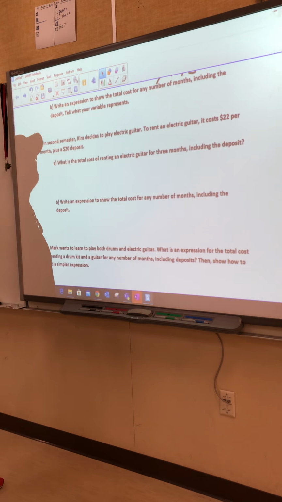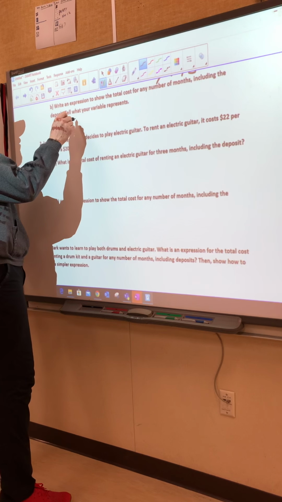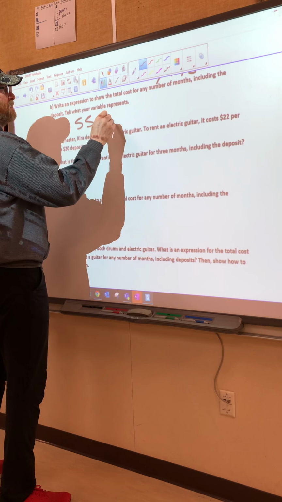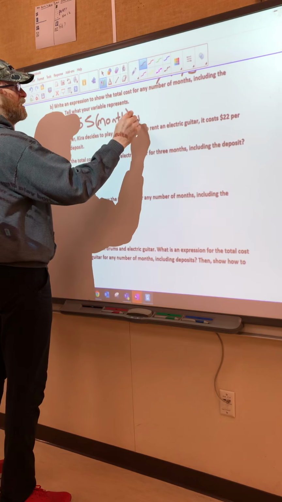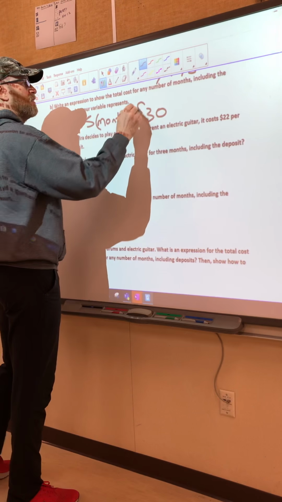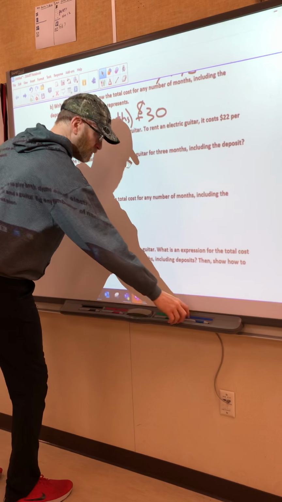Write an expression to show the total cost for any number of months, including the deposit. Tell what your variable represents. I think it's the same as we had earlier. 55m per month, 55 times months plus 30 dollars. That's basically it, right?